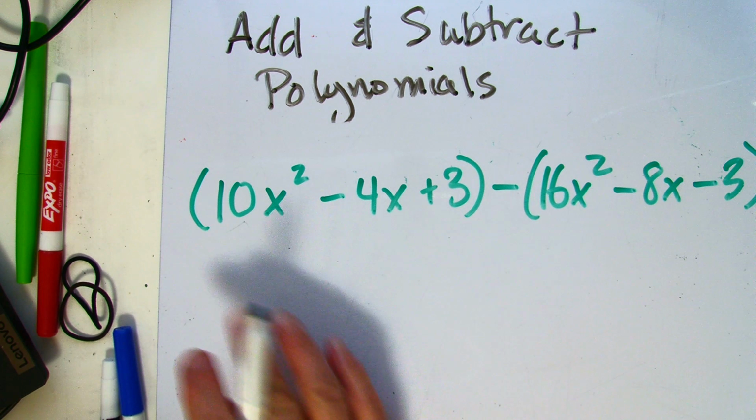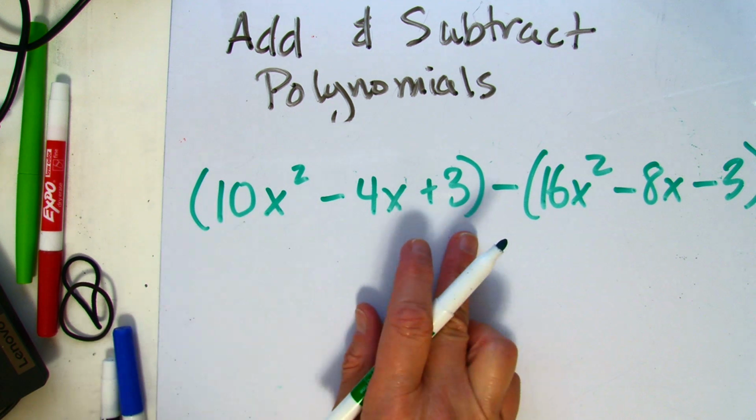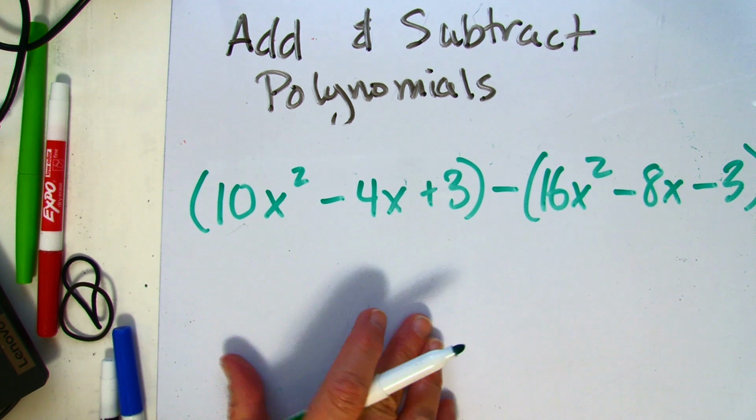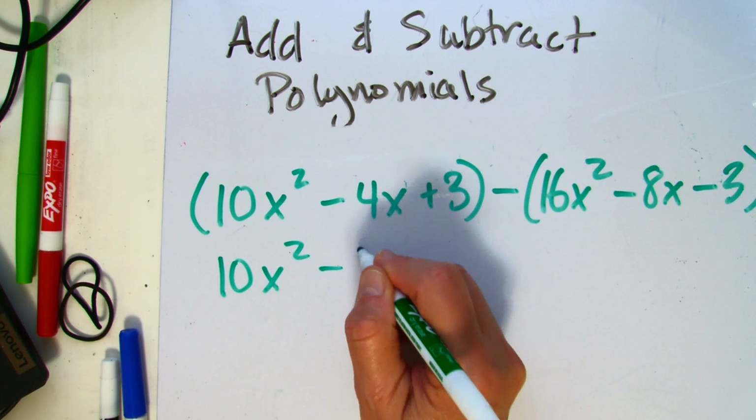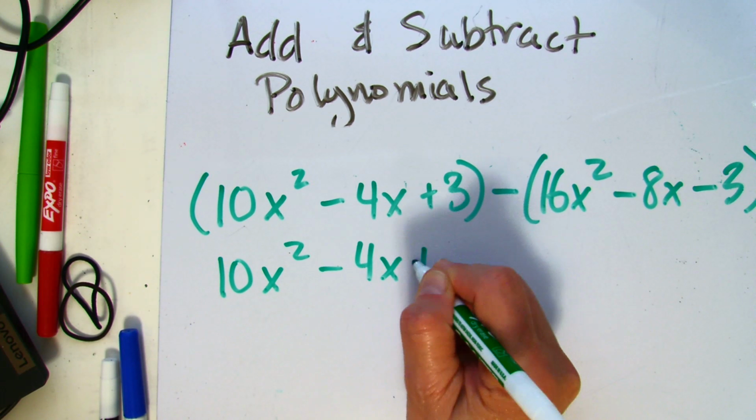Okay, for this first one, I can eliminate those parentheses and bring it down. 10x squared minus 4x plus 3.